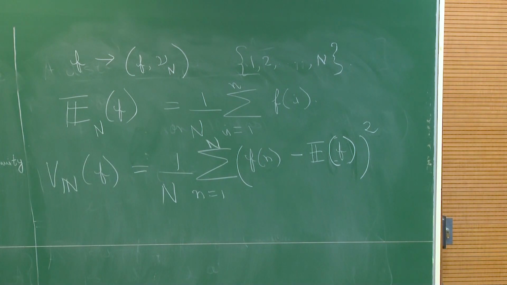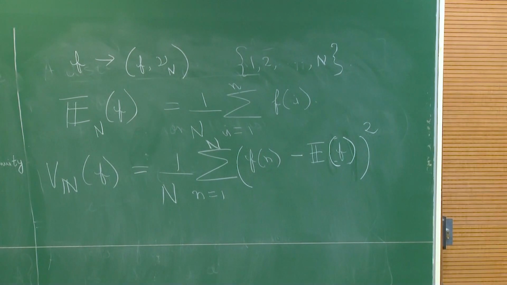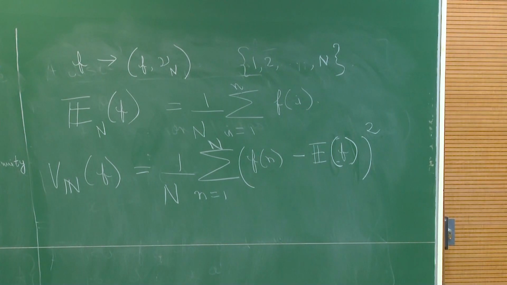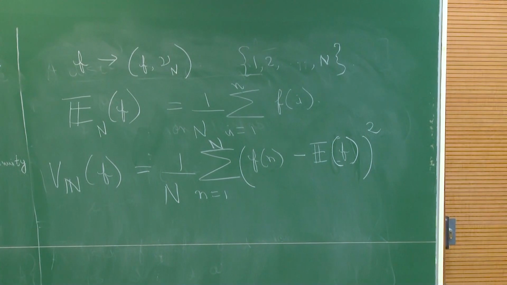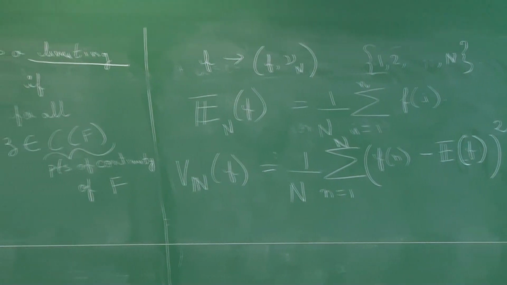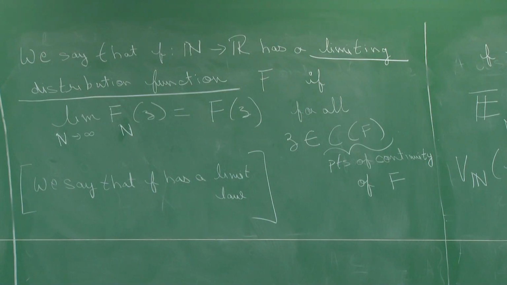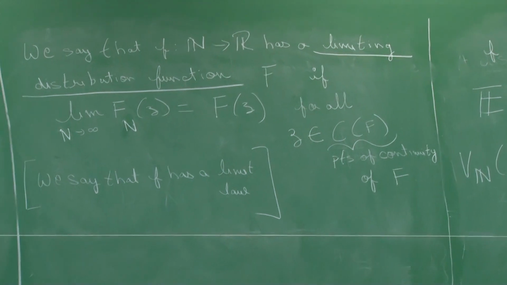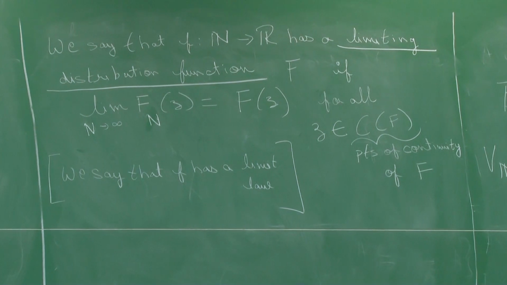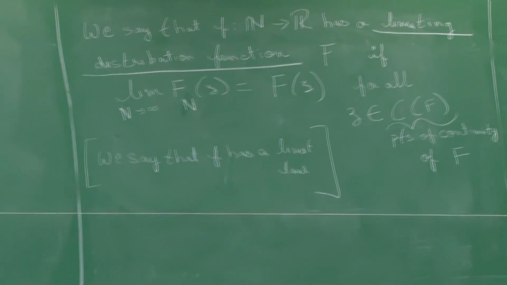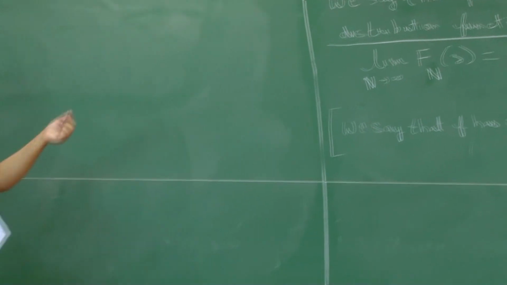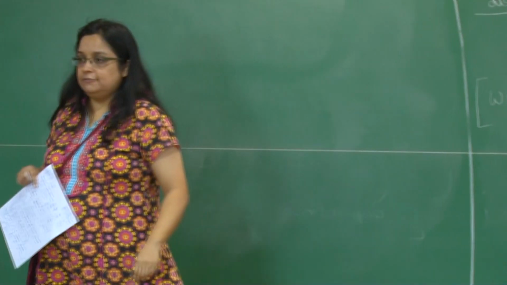At this point, I want to define the notion of a normal order. Since we are talking about an average order and the variance, the question is, for any specific little n, how close is f of n to its expected value?